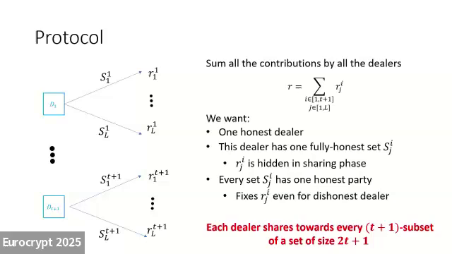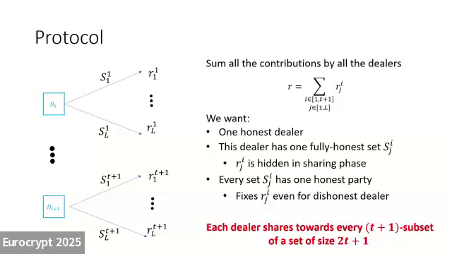Why this works: for the last property, we want that every set Sij has at least one honest party. This is ensured because all the T+1 subsets do have at least one honest party. And finally, we also ensure that the honest dealers have at least one fully honest set S to which they're sharing.